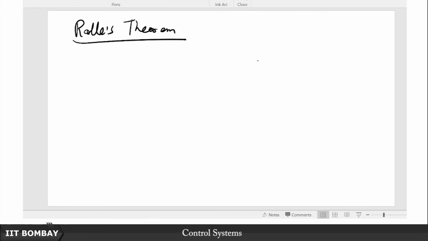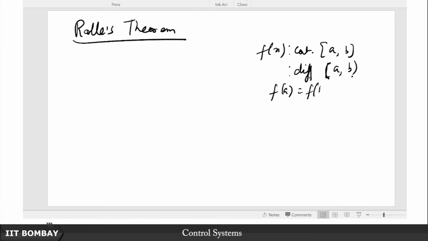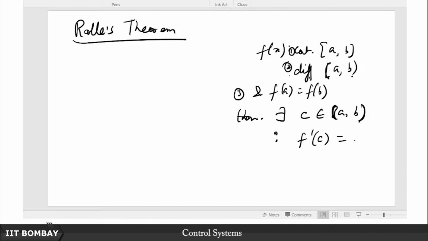So Rolle's theorem says that if you have a function f(x) which is continuous in the closed interval [a, b], differentiable in the open interval (a, b), and if f(a) is equal to f(b), okay, so this is one condition, this is two, this is the third condition, then there exists c in the interval (a, b) such that f'(c) is equal to 0.